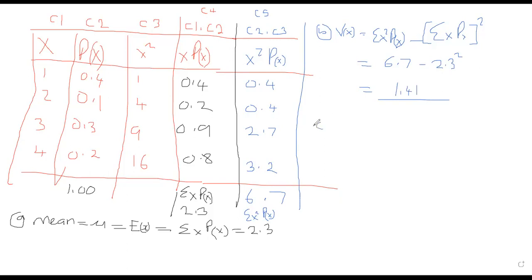Then part C, they'll ask you to find the standard deviation. The standard deviation is simply when you square root the variance. So let's square root the variance. What is the square root of 1.41?